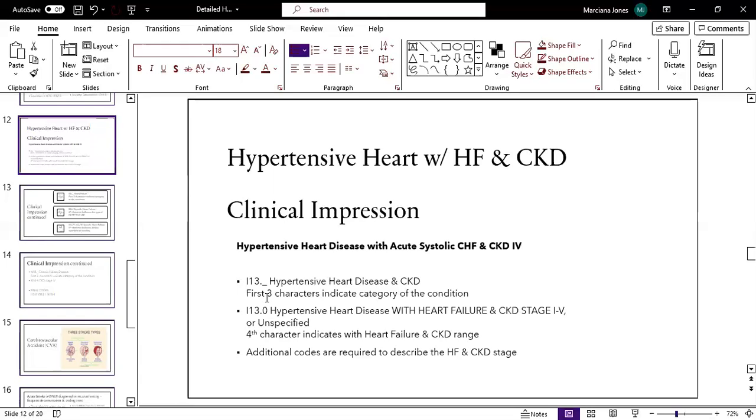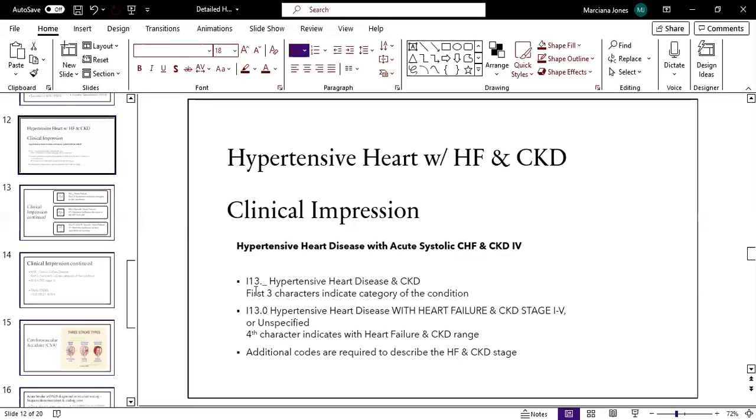Okay, you ready? So we got the clinical impression. We have someone with hypertensive heart disease with acute systolic chronic heart failure and CKD stage 4. Hope you know your Roman numerals. Okay, so I13 dot whatever.